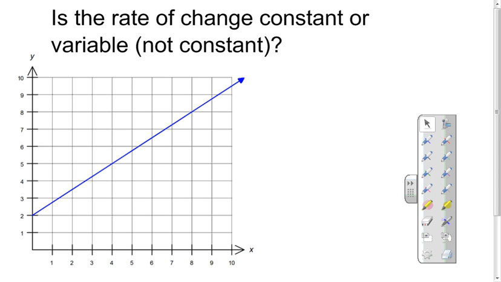Okay, so for me to do that I just need to take a couple of readable points. I'll take this one, which is on the y-intercept, and then I'll sort of ride up the line and look for another. And here we've got a point here. And if I want to observe change here, I need to see a couple instances. So I'll take these 2 points to start, and then I'll take this point and this point again and take another look.